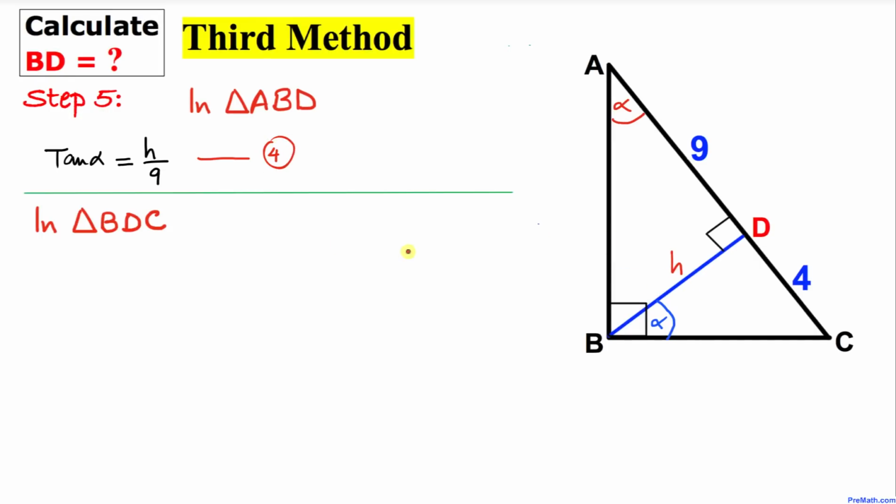And now let's focus on this triangle BDC, as we can see over here. And let's look at this angle alpha in this triangle, this one. If we look at this, then this side BD is going to be our adjacent, and this side DC is going to be our opposite.